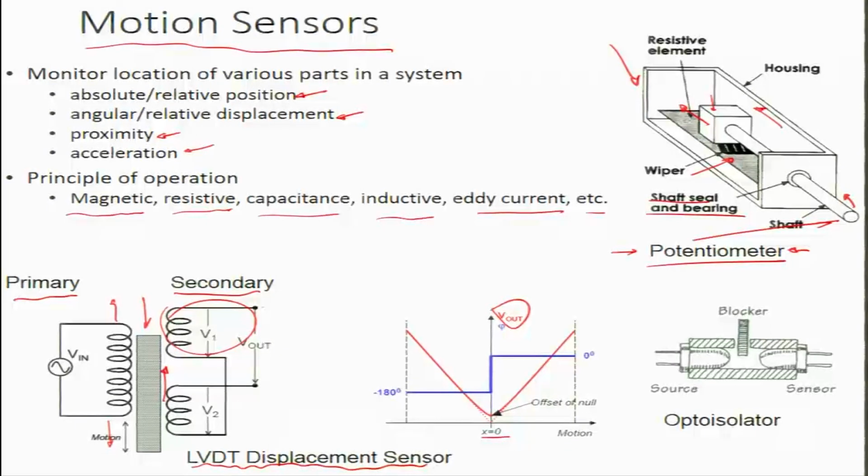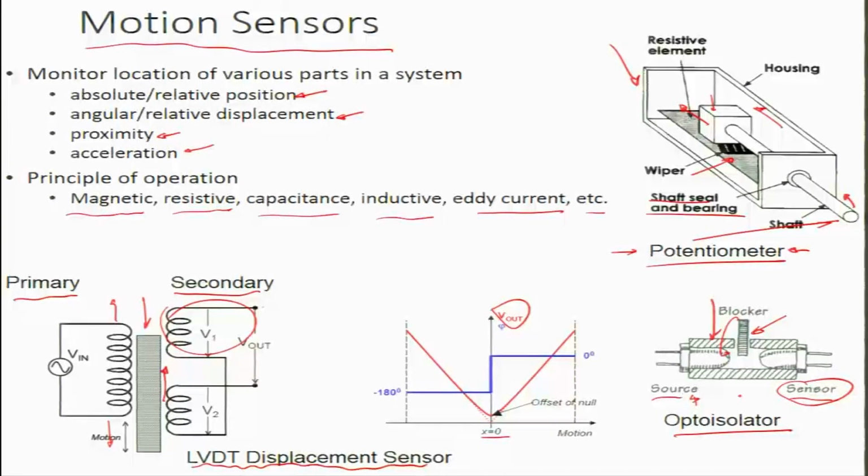Another very critical motion sensor is the opto-isolator, which is again used to sense angular or relative displacement motion. Here you can see a sensor and a source of light which is being cleaved through a small blocker, and the blocker can either move in this direction, or it could be some kind of rotor which can chop the signals coming from the source to the sensor.